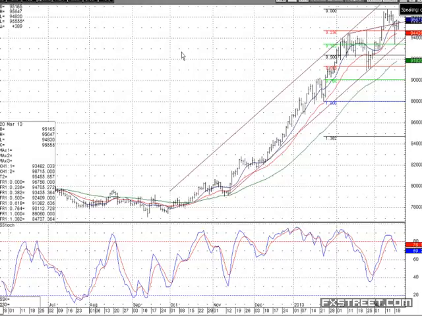Some look at exponential, some look at simple. There's more now, there's a smooth moving average. I can't remember what they all are, but I only look at the two because I think it's rude not to.